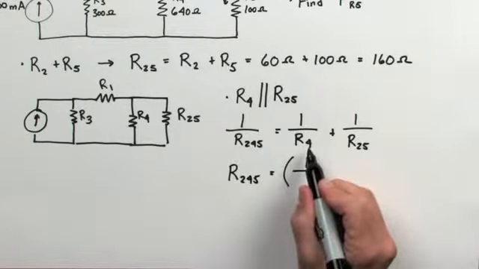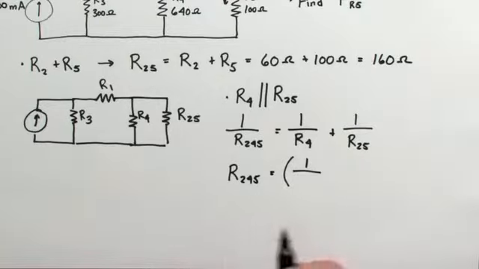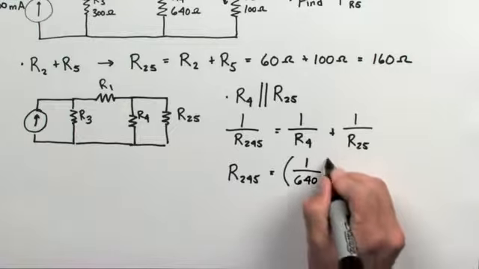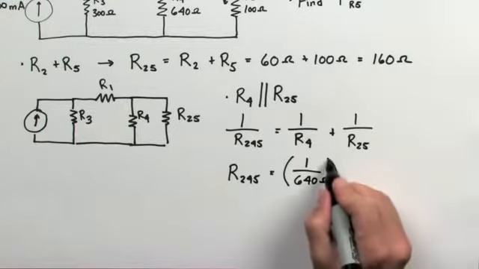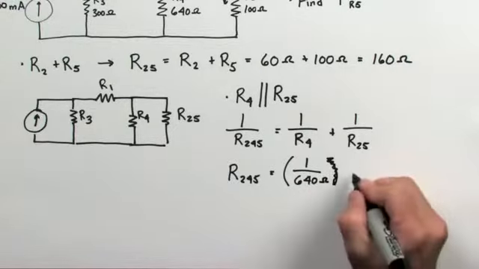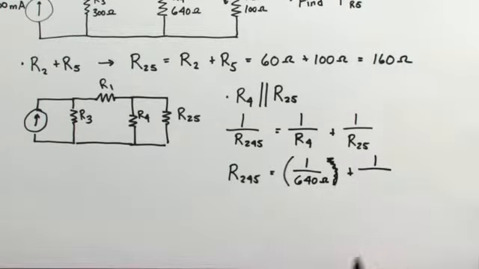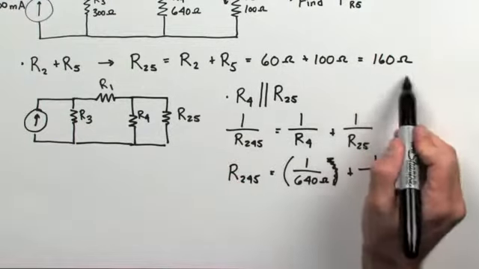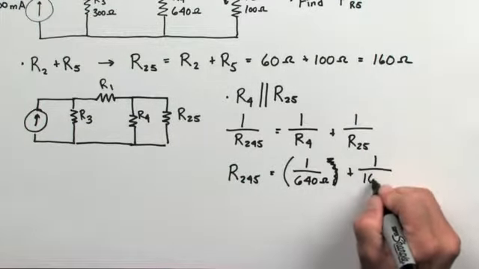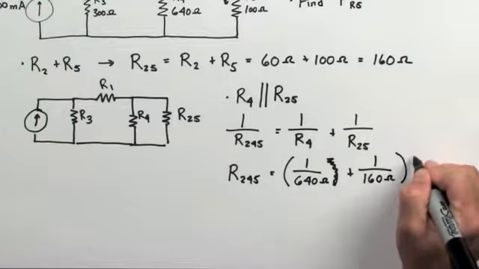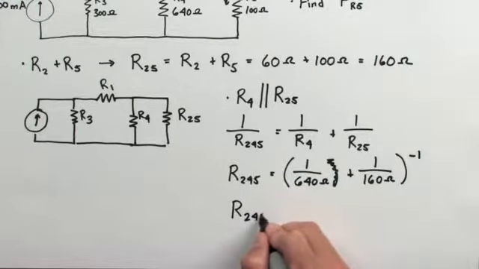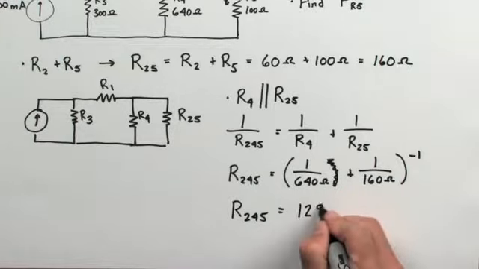The resistance of R4 is 640 ohms. Oops, let me try that again. Plus the resistance of the equivalent 2, 5, which we determined up here to be 160 ohms. When I calculate that out, I will wind up with an equivalent resistance of 128 ohms.